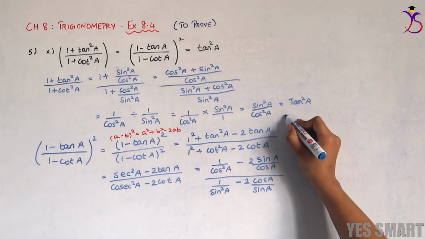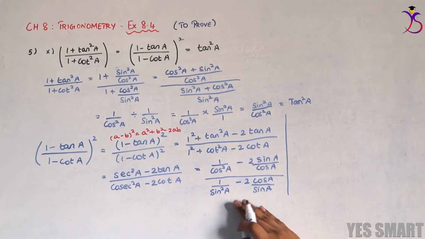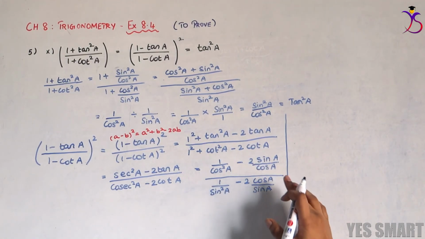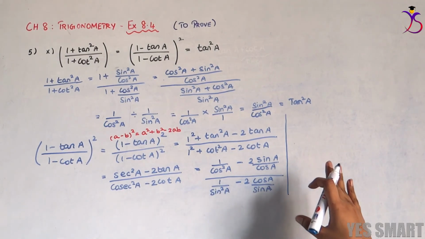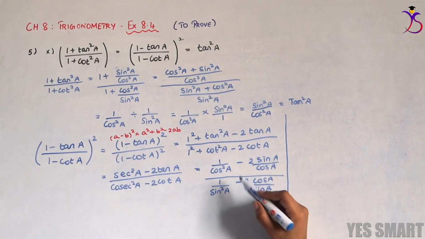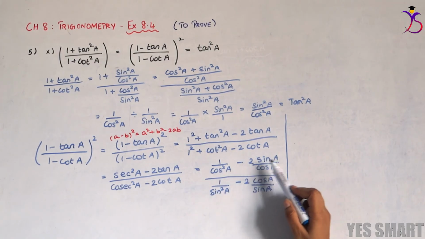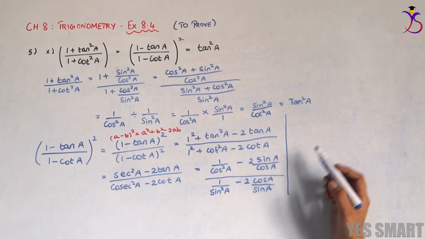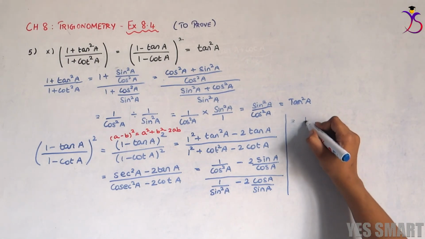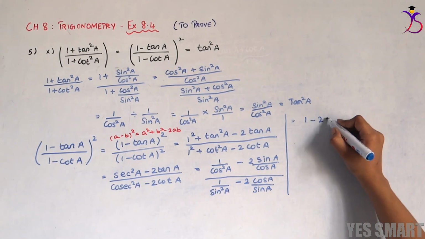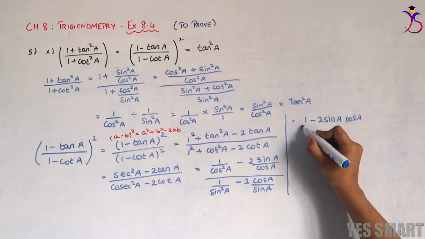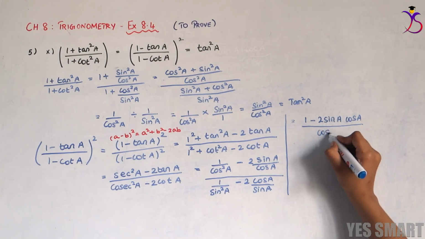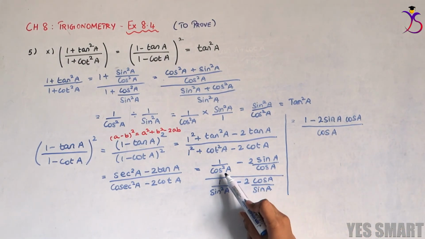On solving this further, by taking the LCM, in the numerator it would be cos square A, because the denominator has cos square A and cos A. So the second fraction has to be multiplied with cos A. Therefore it becomes 1 minus 2 sin A cos A divided by cos square A. Why we are writing the LCM as cos square A is, here we have cos square A and in this term we have cos A. We already knew how to take the LCM.